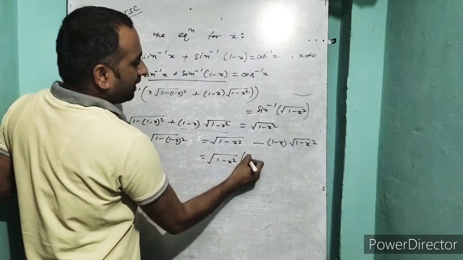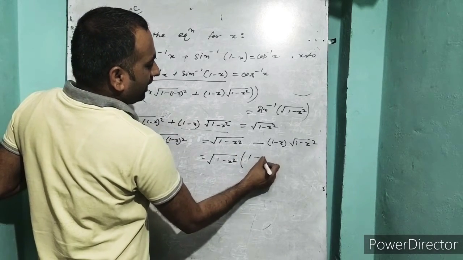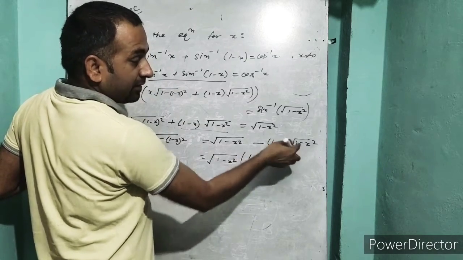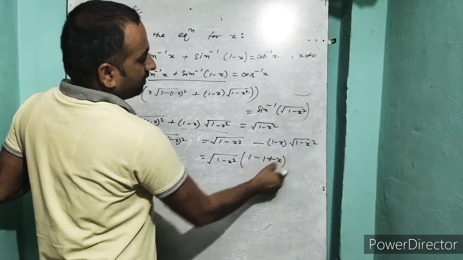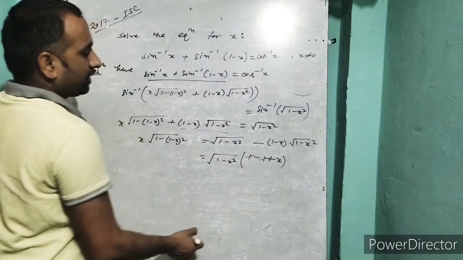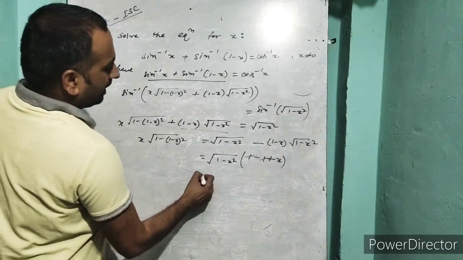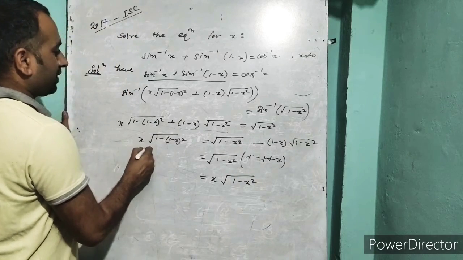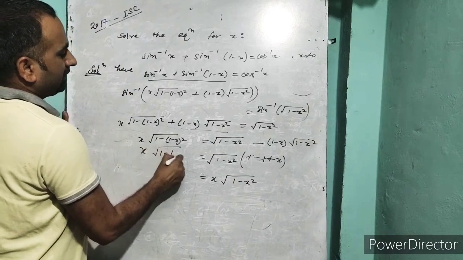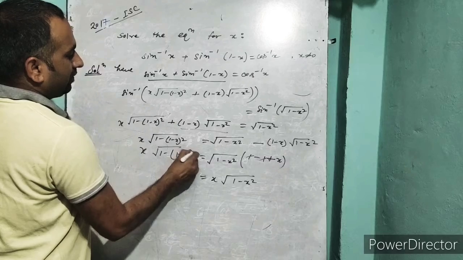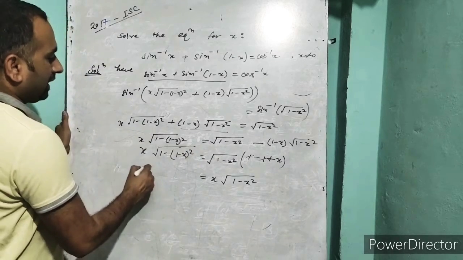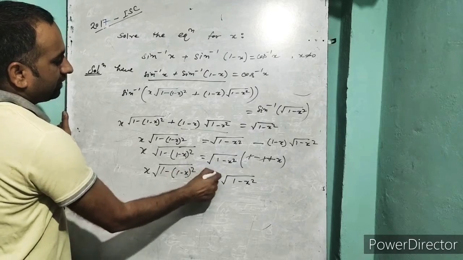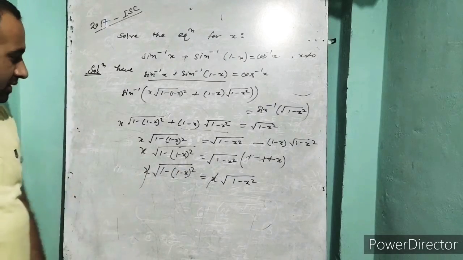What we have is 1 minus (1 minus x), and you will multiply in the bracket, so 1 plus minus 1, 1 cancels out. At last we have x under root 1 minus x square, and here we have x times the 1 minus x whole square. So x cancels out. Is it clear?